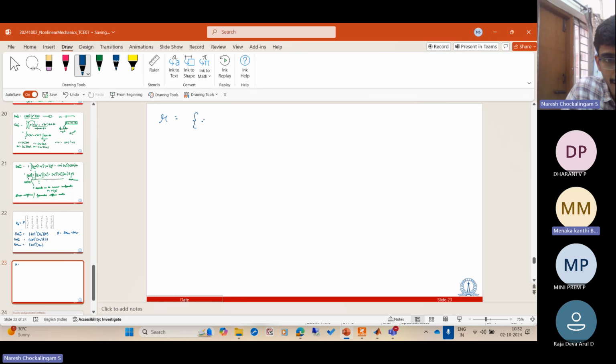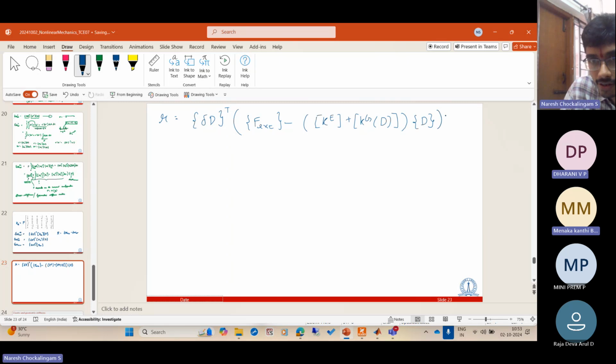So I can say del D transpose can be taken out commonly, and I have F external minus KE plus KG times D. Here kg is a function of D. Remember, kg is a function of D. So this is equal to 0. This is the equation that we want to solve.